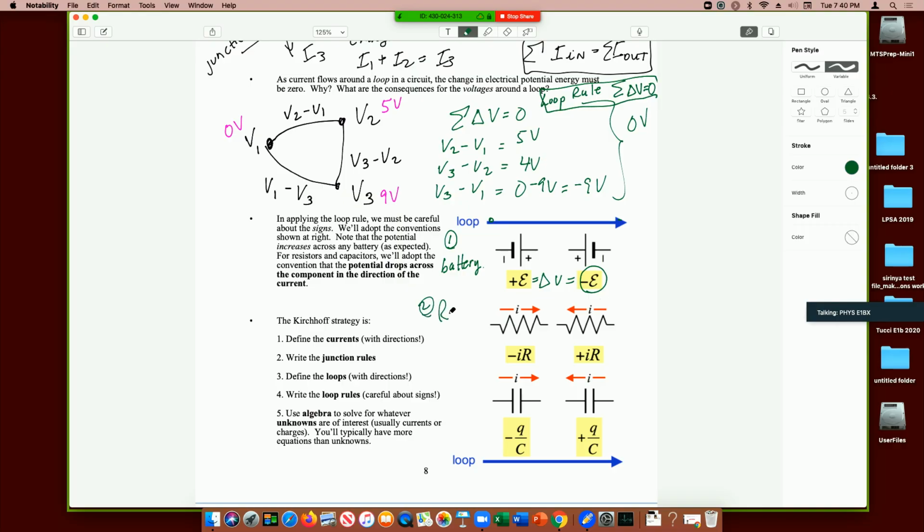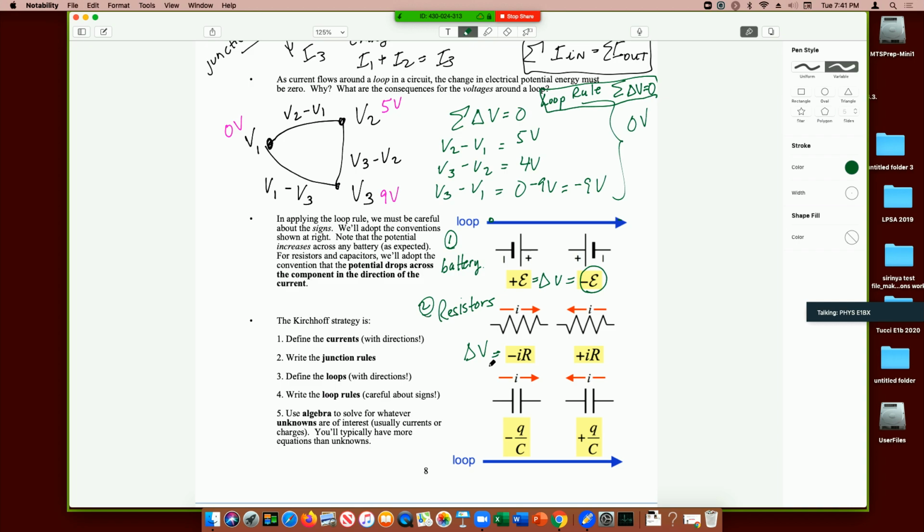The second one is the thing with the resistors. If the direction of the loop is in the same direction as the current, then that corresponds to a negative drop in potential. And who cares why?